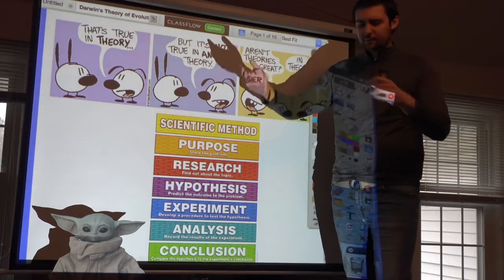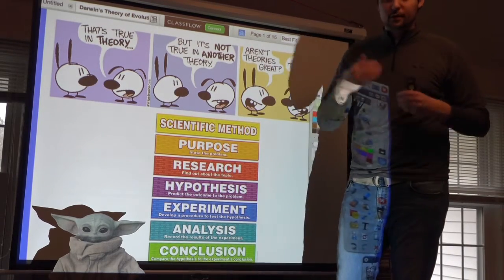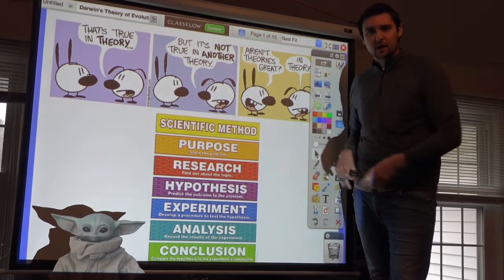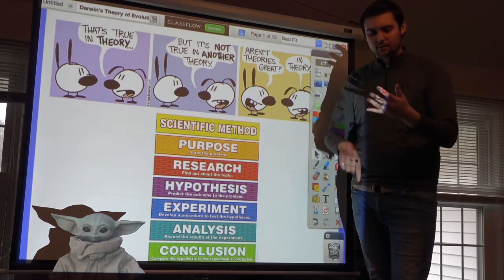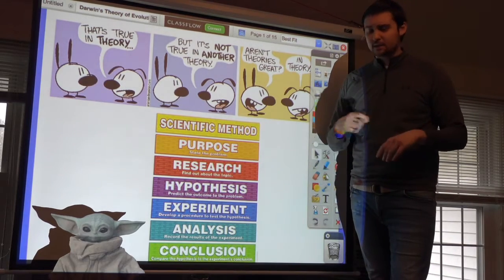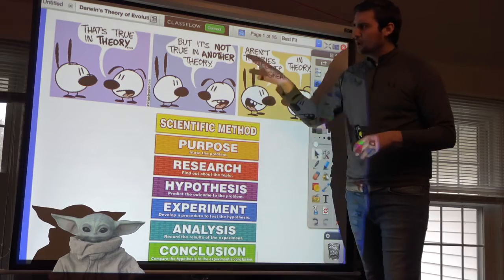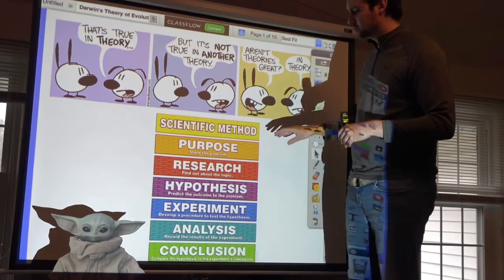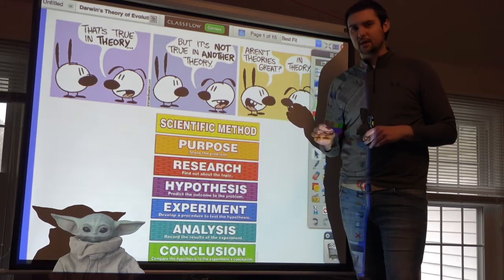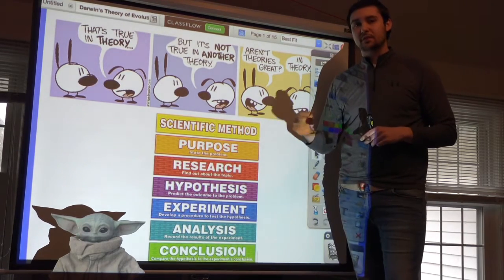We all have to think back to August when we first met each other, and we had the scientific method on the board: observation, question, hypothesis, experiment, data analysis, and then conclusion. A theory is when enough scientists draw the same conclusion as to why something is happening, and then it becomes a scientific theory.